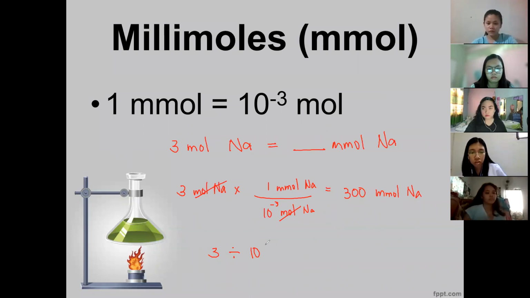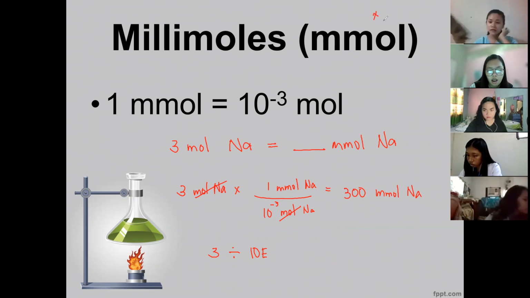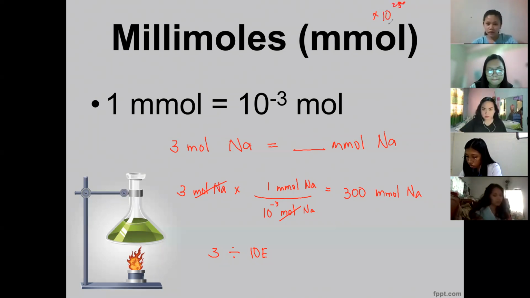Mag-iiba kasi yung answer natin here. If we use that one, ang ginagamit ko kasi ito, 10, and then, di ba sa tabi, I don't know if you have the same calculator, sa tabi ng ANS, meron nakalagay EXP or times 10 raised to the power of, yung iba times 10 yung nakalagay.